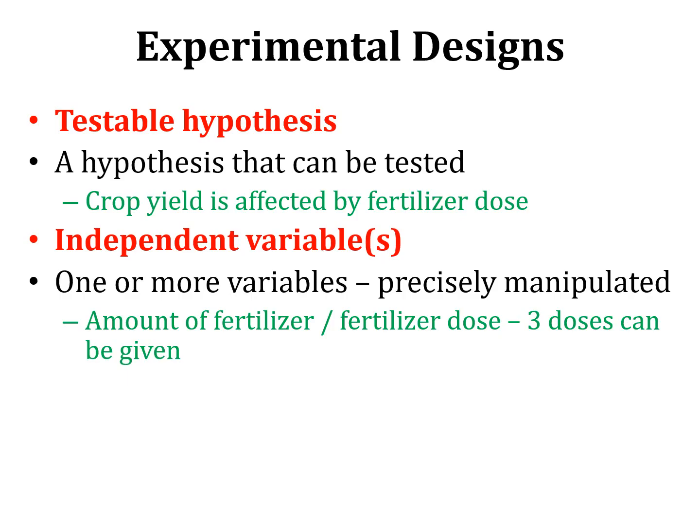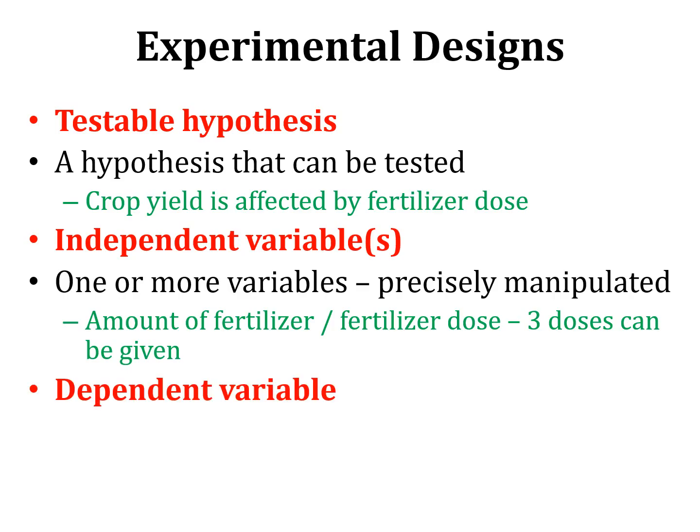This is what is meant by independent variable in experimental design: a variable that can be precisely manipulated. So this is basically the treatment that you're going to apply. In the example we are following, the independent variable is the amount of fertilizer or the fertilizer dose. So we can define 3, 4 or more doses of fertilizer that can be applied on the plants to see the response.